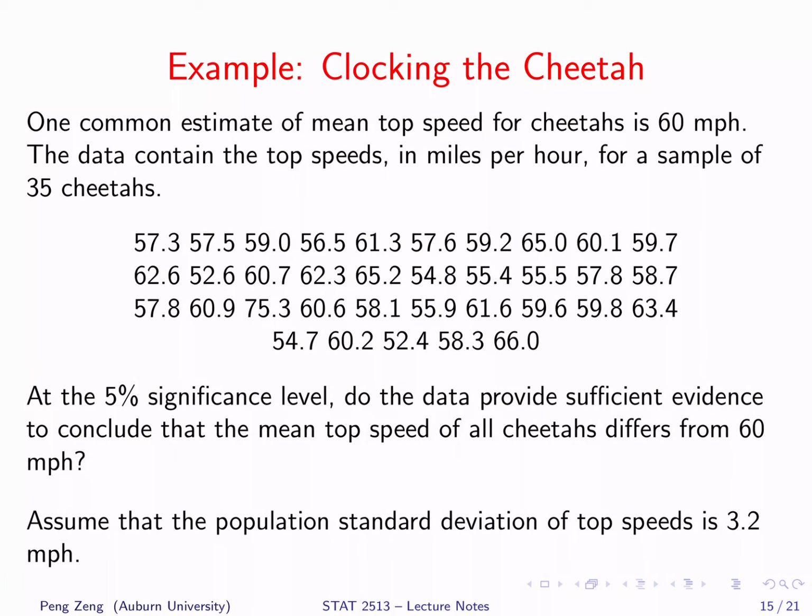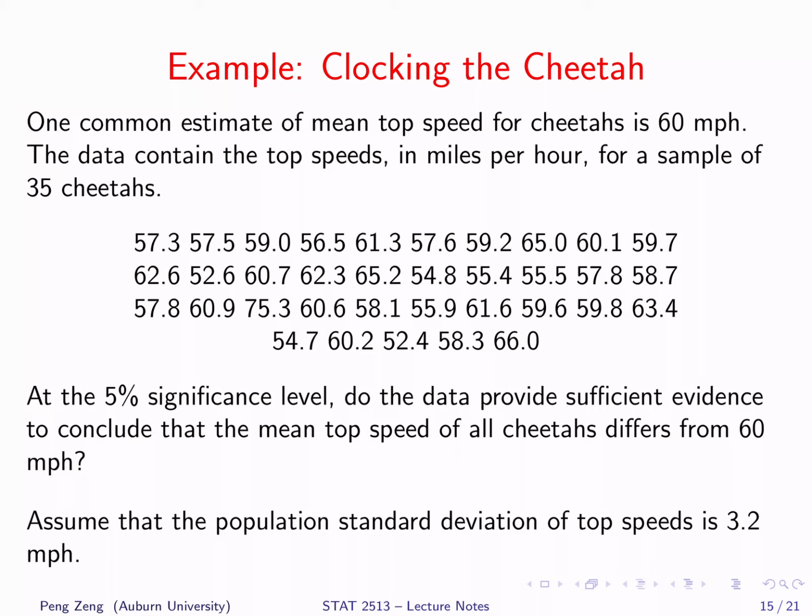This example discusses cheetahs. One common estimate of mean top speed for cheetahs is 60 miles per hour. The data contain the top speeds in miles per hour for a sample of 35 cheetahs.